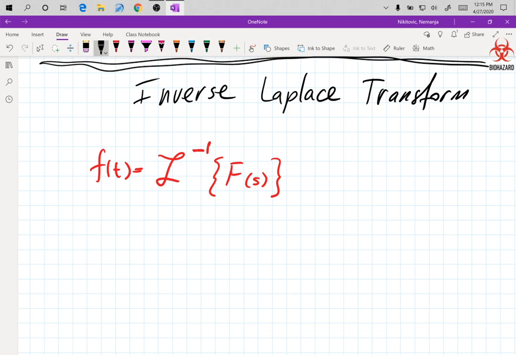Let's say you get 3 over s to the 5. Right, that's your f of s. And you are supposed to go into f of t. Right, so how do you do that?